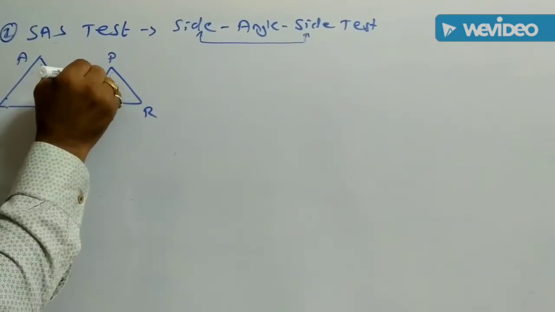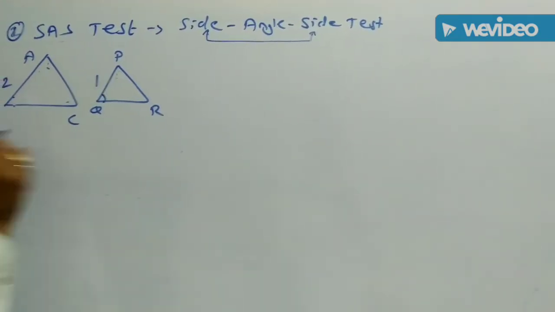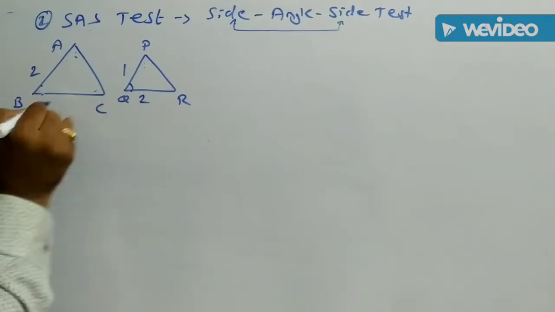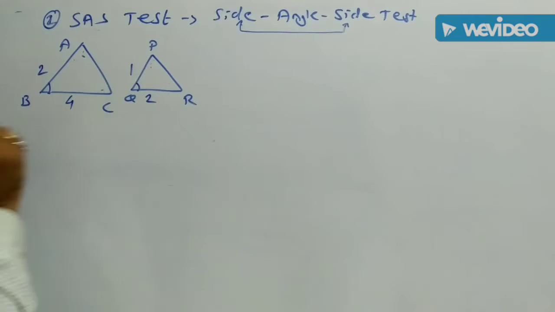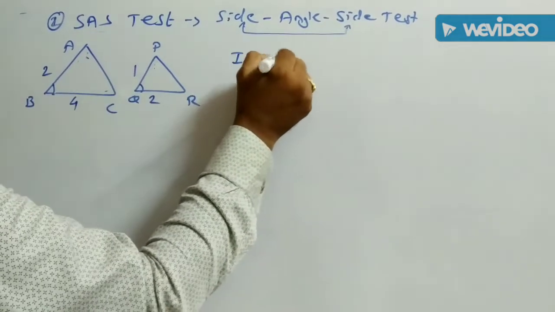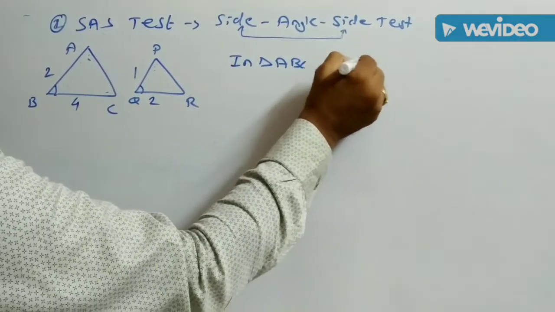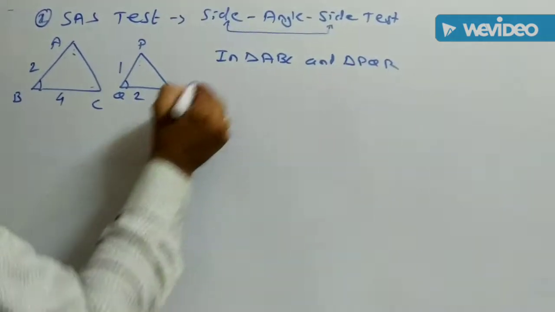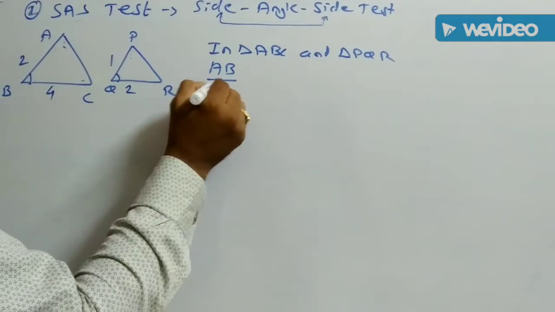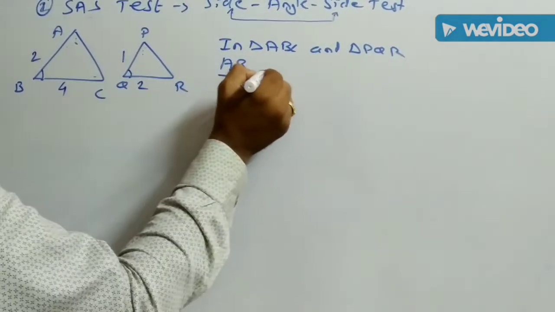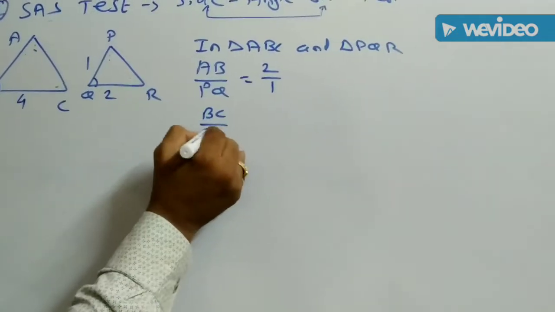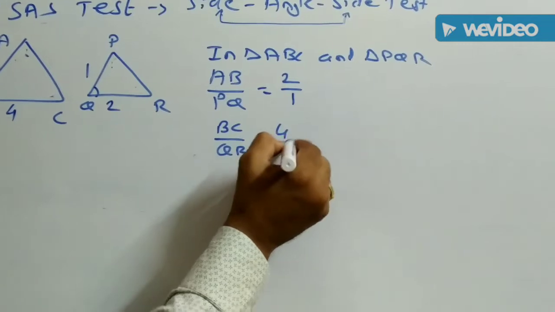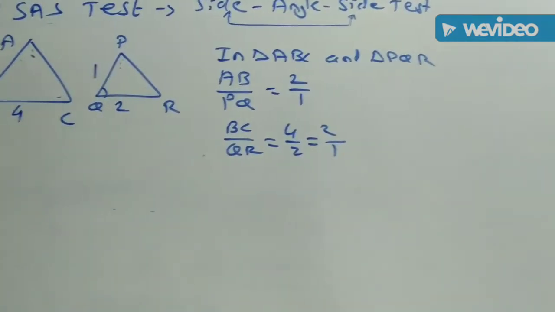Suppose PQ is 1, AB is 2, QR is 2, BC is 4 and angle B is congruent to angle Q. In triangle ABC and triangle PQR, if we take the correspondence, AB upon PQ gives 2 upon 1, and BC upon QR gives 4 upon 2, that is 2 upon 1.